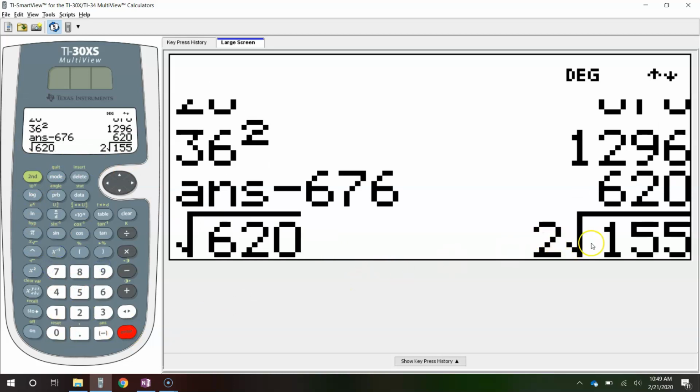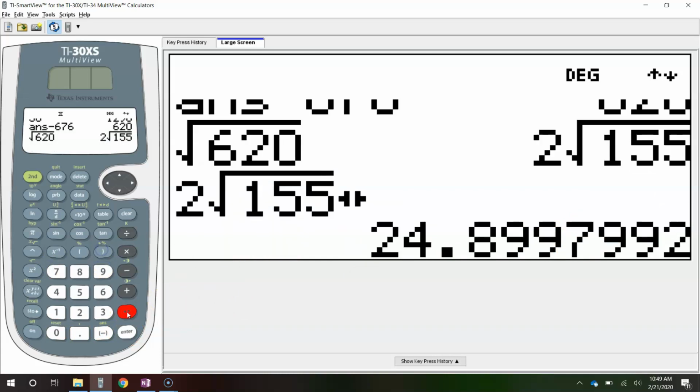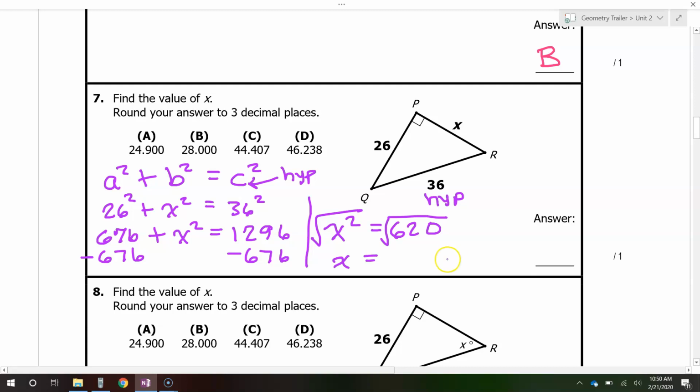All right, if I get a radical like this, I'm going to hit this button to give me the decimal. 24.899. But I have to round up because of the 7. So look at it this way, 899. If I round up 1, that would be 900. So 24.900. Okay, and that is A.